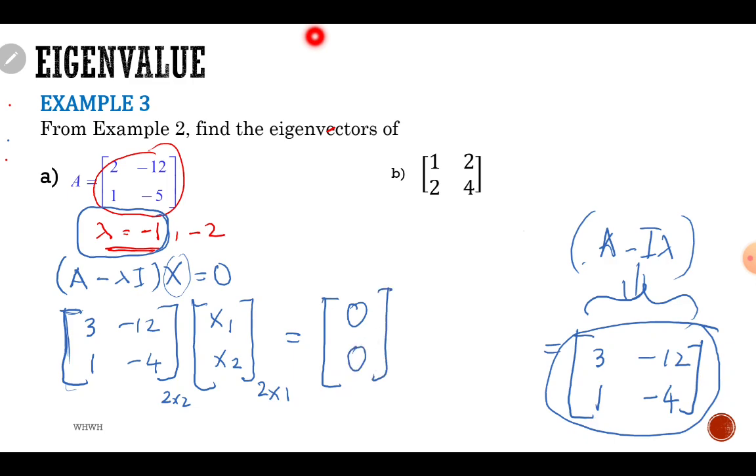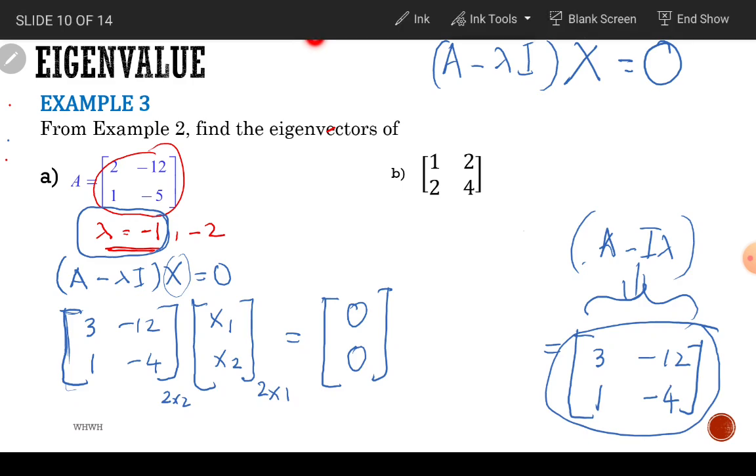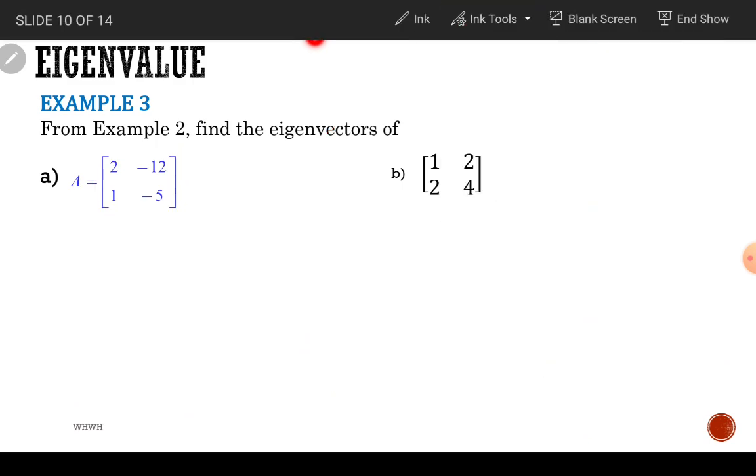Okay, because according to the formula, A minus lambda I times matrix X, which is an eigenvector, should equal 0. Boleh faham tak? Okay, so dari sini, terdelete lah pula, tak apa.